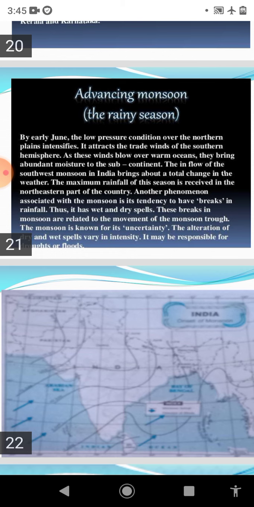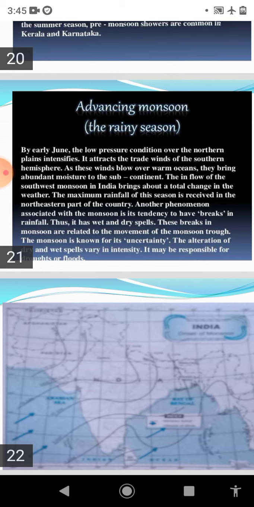These southeast trade winds are of oceanic origin. Coming from the Indian Ocean, they cross the equator and enter the Bay of Bengal and the Arabian Sea. After crossing the equator, they follow a southwesterly direction.